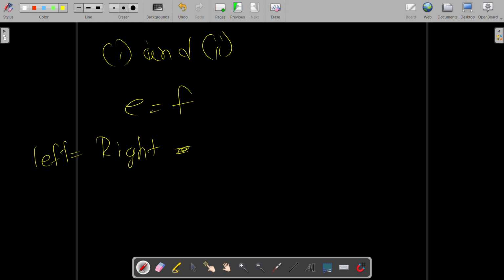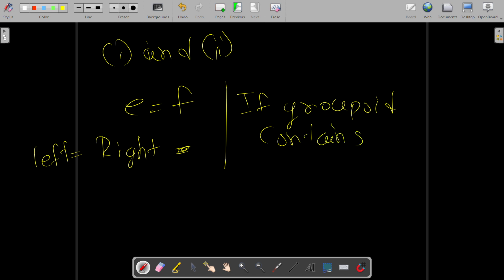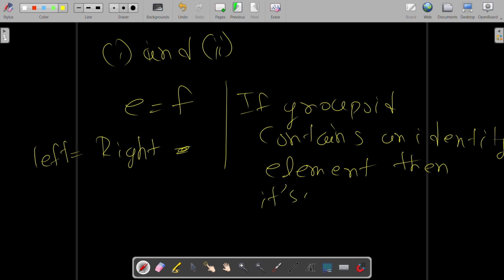Now the previous theorem states that if a groupoid contains an identity element, then it is unique. So this E equal to F will become the identity element of the groupoid.